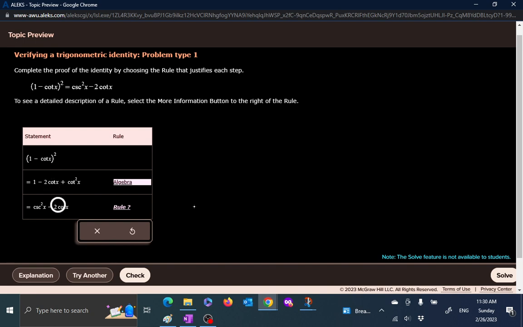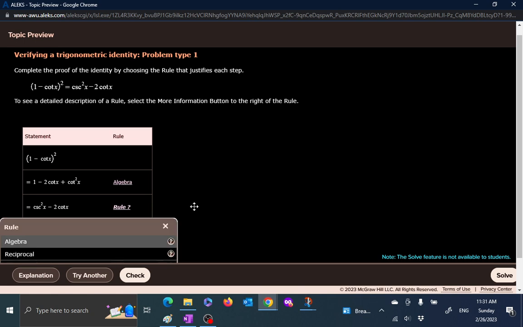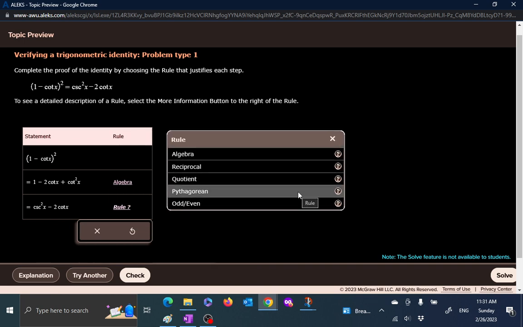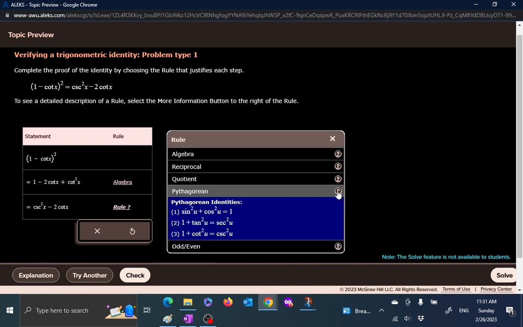Here cotangent is kept, 1 plus cotangent squared is cosecant squared. What identity is that? That is the Pythagorean identity. So Pythagorean identity, 1 plus cotangent squared is cosecant squared.